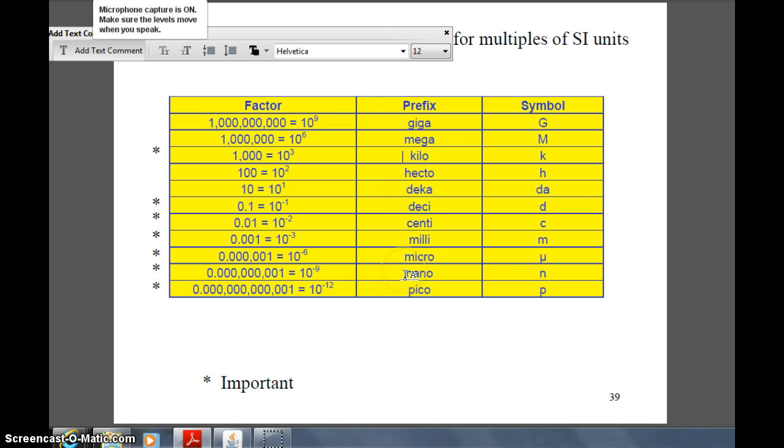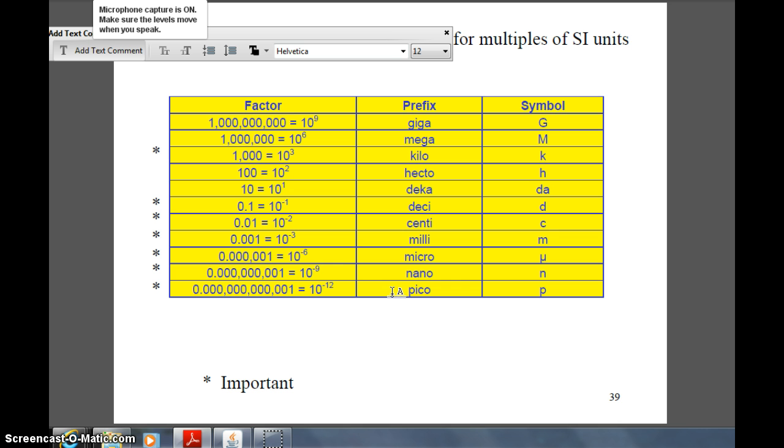So this is a table which has all the prefix multipliers that we would be using. Giga is for 10 to the power of 9, mega for 10 to the power of 6, kilo, like I said, for 10 to the power of 3, 10 to the power of 2 for hecto, 10 to the power of 1 deca, 10 to the negative 1 deci, 10 to the negative 2 centi, 10 to the negative 3 milli, 10 to the negative 6 micro, negative 9 is nano, negative 12 is pico, negative 15 is femto, and so on and so forth.